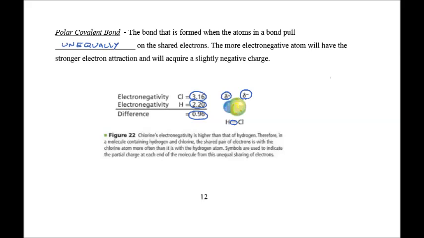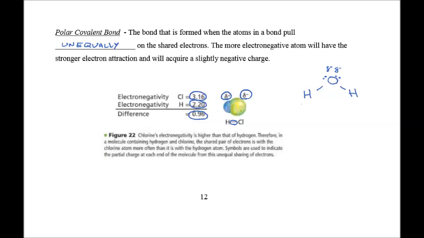We can draw water. And water has a lot of different shapes that they use to draw it. If we look at this one, because oxygen has a higher electronegativity, it ends up having negative charge closer to it.